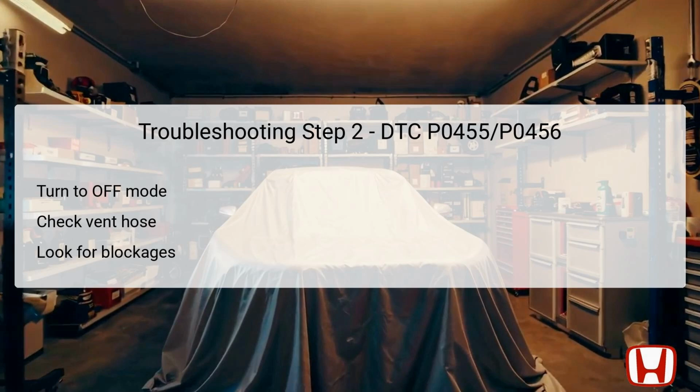Blockages can prevent proper airflow within the EVAP system, leading to excessive pressure and ultimately triggering the DTC codes. If a blockage is identified, it may be necessary to clear it, and depending on the severity, replacing the vent hose could be required. If there are no visible issues, reconnect the hose and advance to the subsequent step.